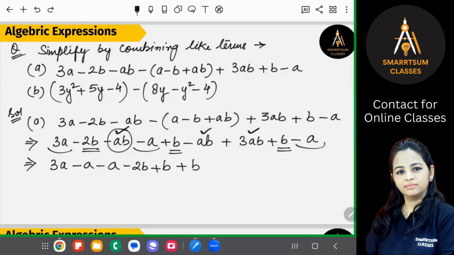Always remember, whenever we are rearranging the terms, we will write them along with their sign. Is that clear? So minus AB, it is a negative term, so we will write minus AB here. Now here also it is negative AB, so we will write minus AB here. Now this is plus 3AB, the sign is positive, so we will write plus 3AB.